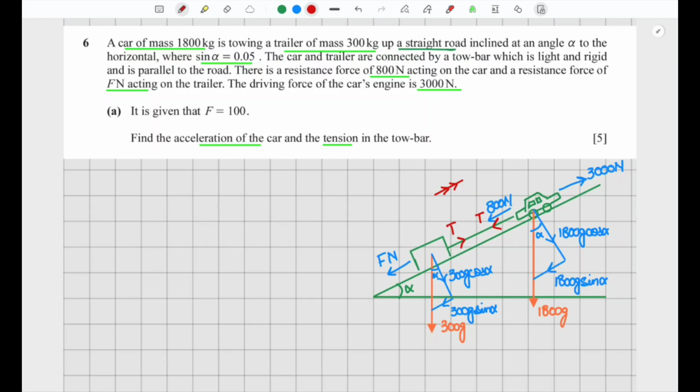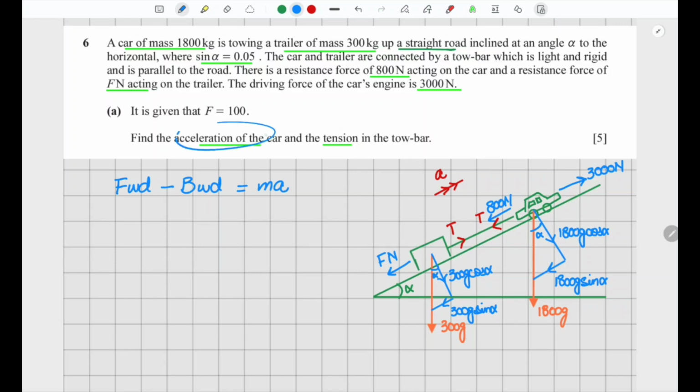Now let's look into what to apply over here. Find the acceleration of the car. So when they say find the acceleration of the car, this means that we are having some acceleration, and the direction of the acceleration is upwards. So whenever we have acceleration, what do we apply? Forward forces minus backward forces equals ma.